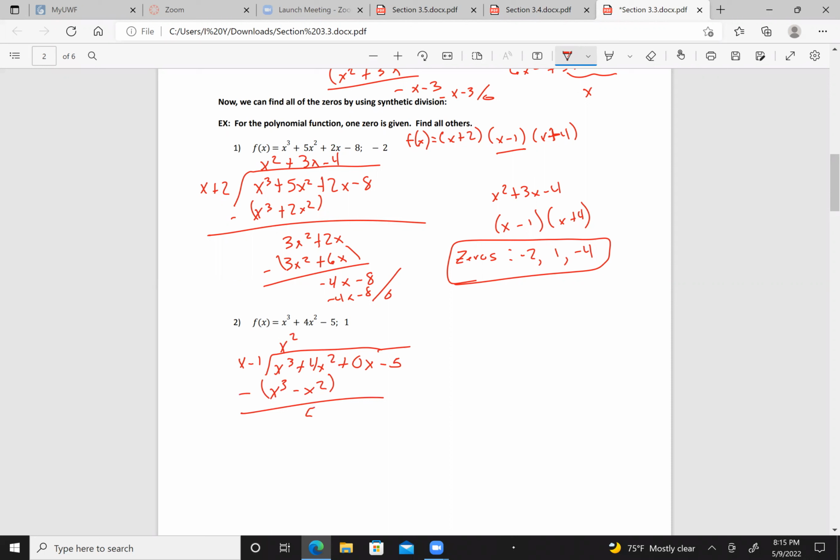Subtracting all this, I get 5x squared plus 0x, plus 5x gives me 5x squared minus 5x. Subtracting, I get 5x minus 5. So we do plus 5, and we get 5x minus 5.